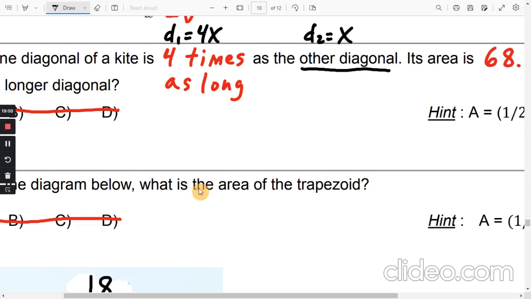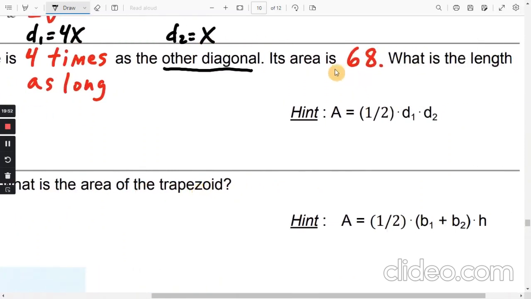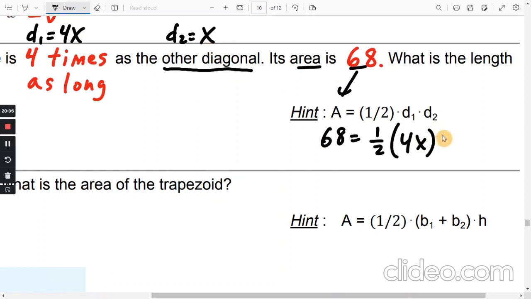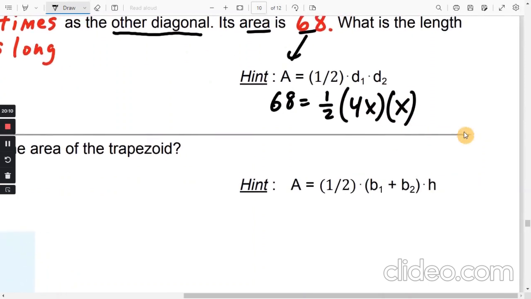And now we can plug into the formula. We said the area is 68, so that goes in place of A, and that equals 1/2. D1 is 4x, and D2 is just regular x. Okay, we can multiply both sides by 2, but we can distribute since we have an even number.